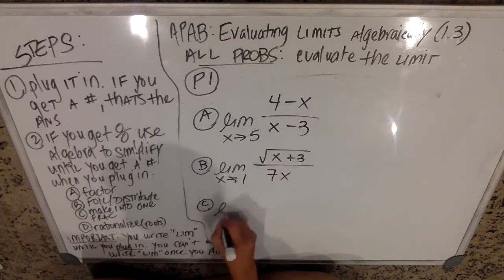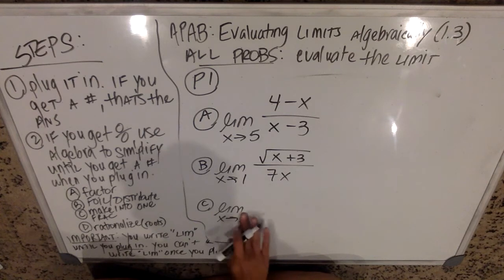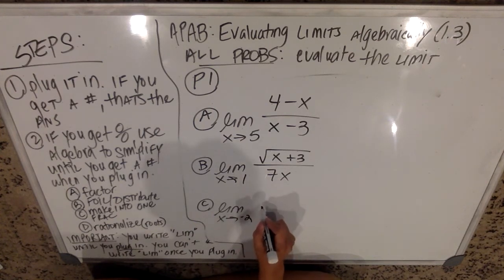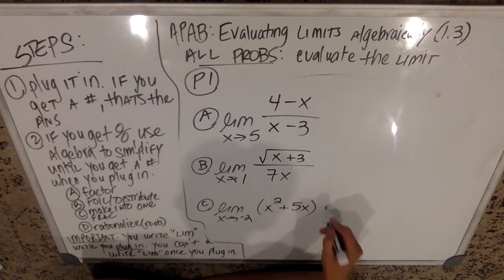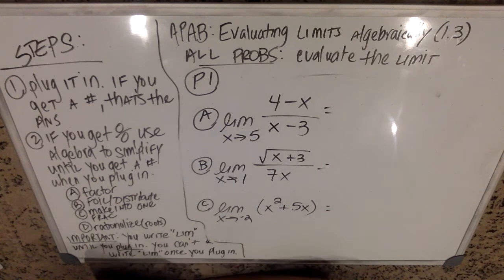And let's do the limit as x approaches negative 2, just because it's fun to get a negative, of x squared plus 5x. Cool. Okay, so there you go. 3 problems. If you want to pause me, this would be a good time to do it, okay?